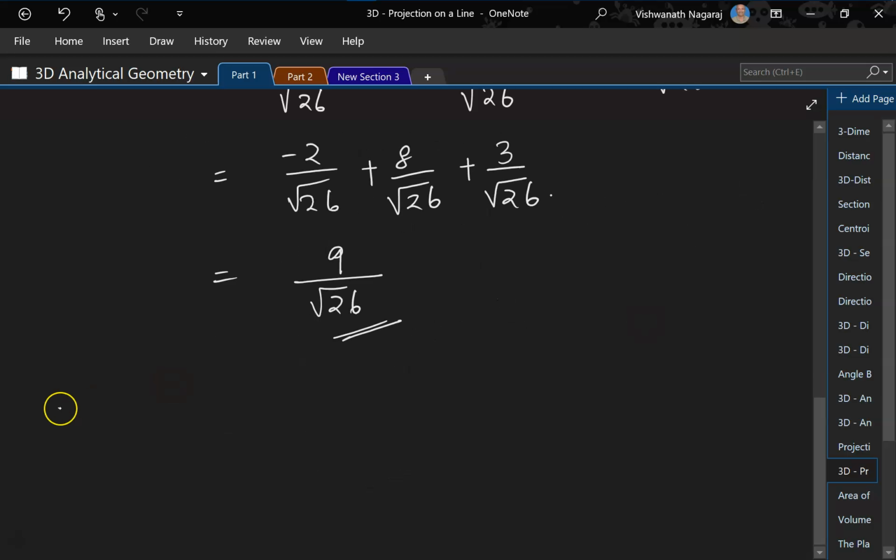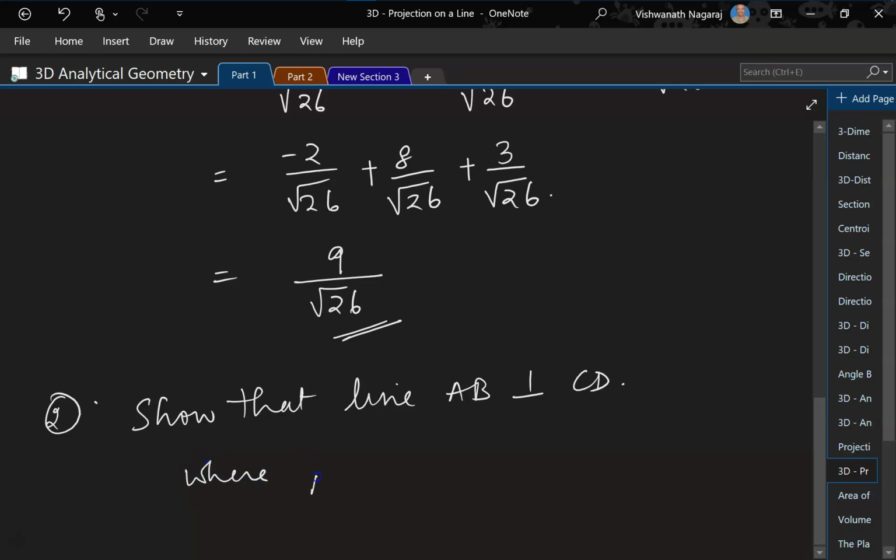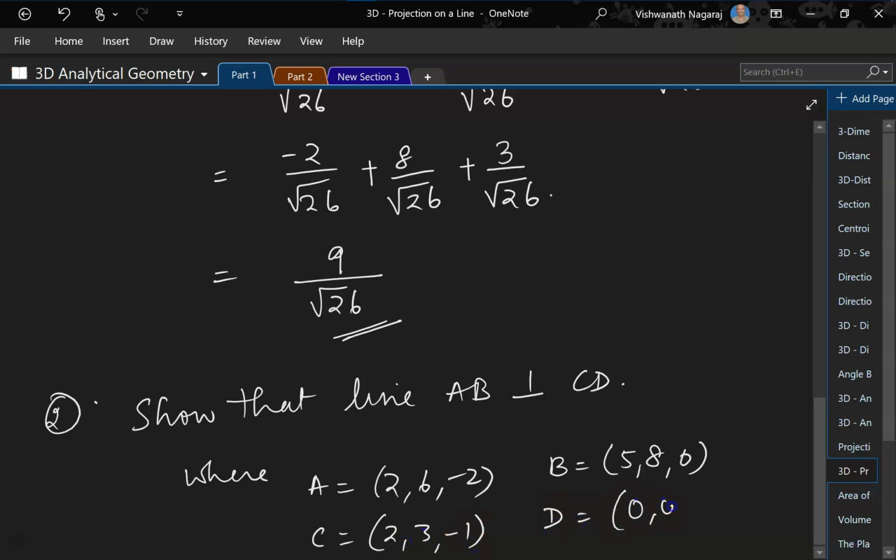Okay, let's do the second one. Show that line AB is perpendicular to CD, where A is equal to (2, 6, -2), B is equal to (5, 8, 0), C is equal to (2, 3, -1), and D is equal to (0, 4, 1).